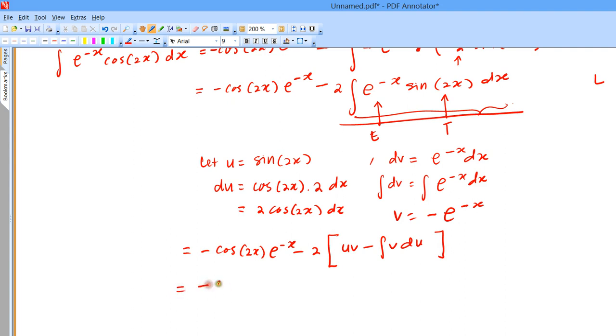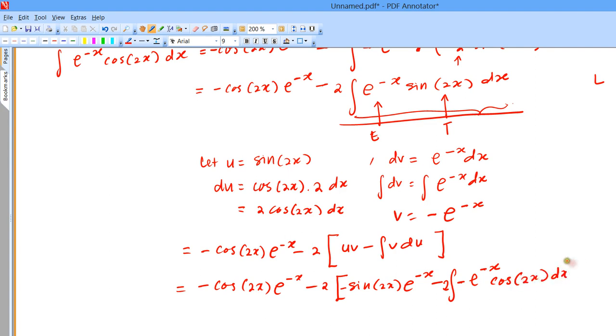Equal to negative cos 2x e to the power of negative x minus 2. And then u equals sin 2x. v equals negative e to the power of negative x, minus integrate v, negative e to the power of negative x, and then we have du equal to the constant 2 cos 2x dx.